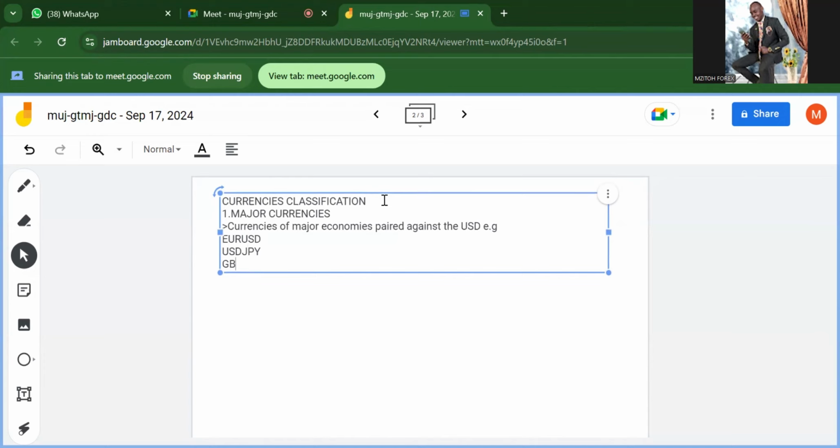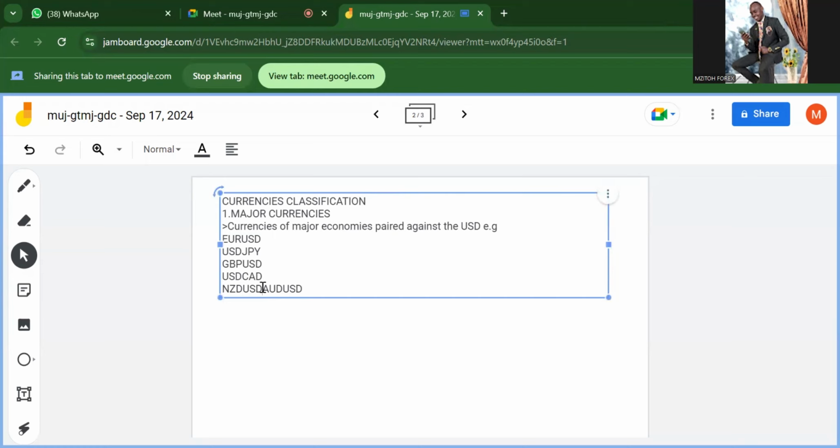We also have the Great Britain pound paired against the United States dollar. We also have the United States dollar paired against the Canadian dollar. We also have the New Zealand dollar, a major economy, paired against the United States dollar. We also have the Australian dollar, a major economy, paired against the United States dollar.